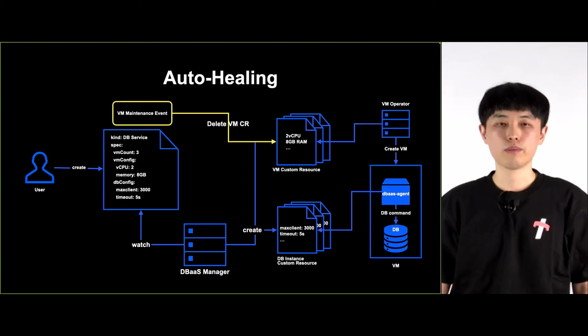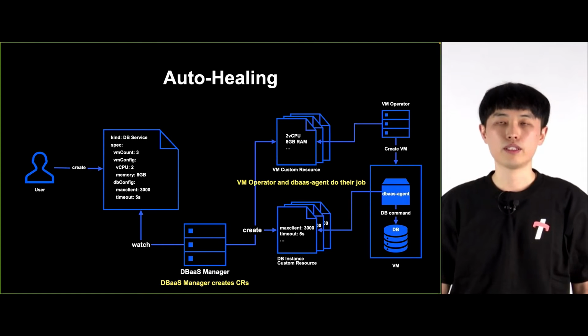Because the data that we deal with is very important DB data, we wanted to be more conservative. So if there is a VM replacement in line, we decided to use the maintenance event. When the event is sensed, it triggers the VM deletion. When the VM custom resource is deleted, the ensuing process is the same as the manual node replacement.